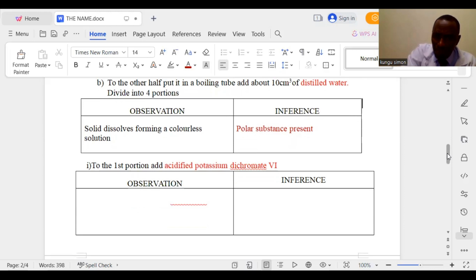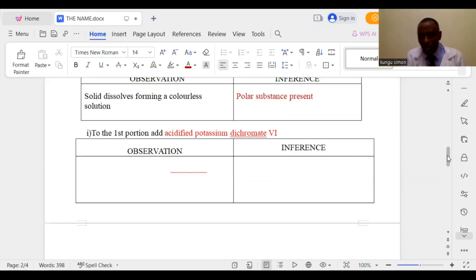Now, let me mention acidified potassium dichromate VI. This acidified potassium dichromate VI is orange in color. And something special about it, we are going to use it to confirm the ROH, which is actually alkanols.